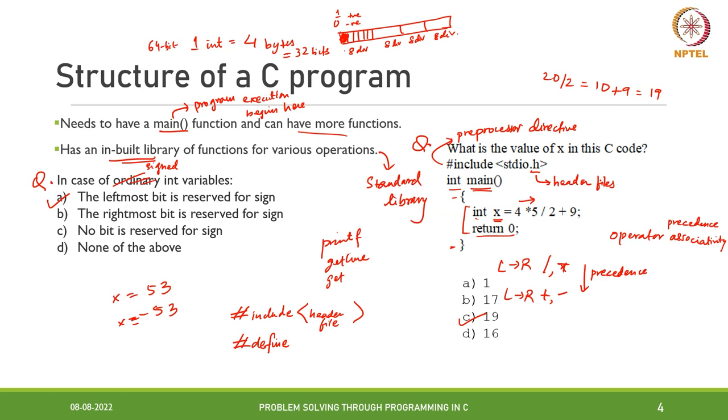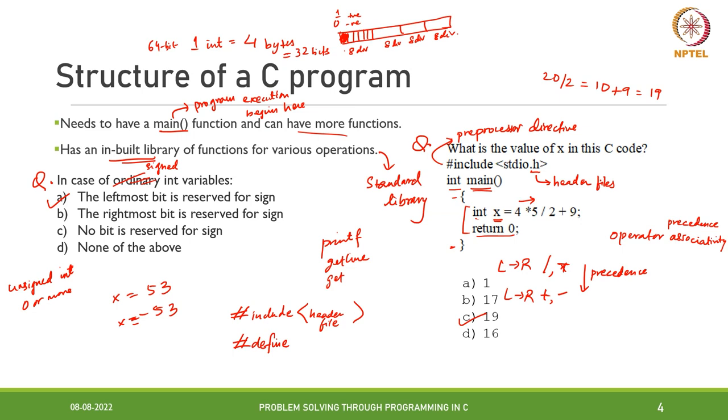Now there can also be some variables which are called unsigned integer. You can also define unsigned int. What does that mean? The values can be 0 or more. That means only the positive part of the spectrum can be stored in those variables. You cannot have negative values stored. So in that case there is no bit reserved for the sign, and all 32 bits will be used for storing the value.